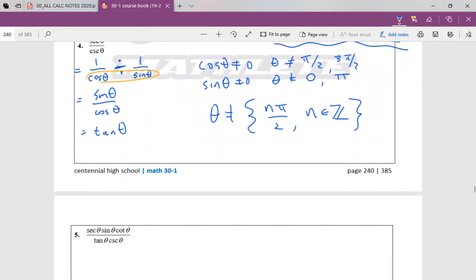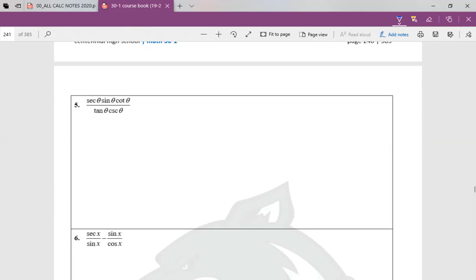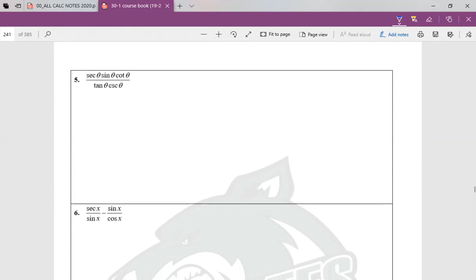All right, number 5. These look nasty, and sometimes the nasty, ugly ones clean up pretty nice. Sometimes it works out really quite nicely. Let's just break this apart and see what we have here.